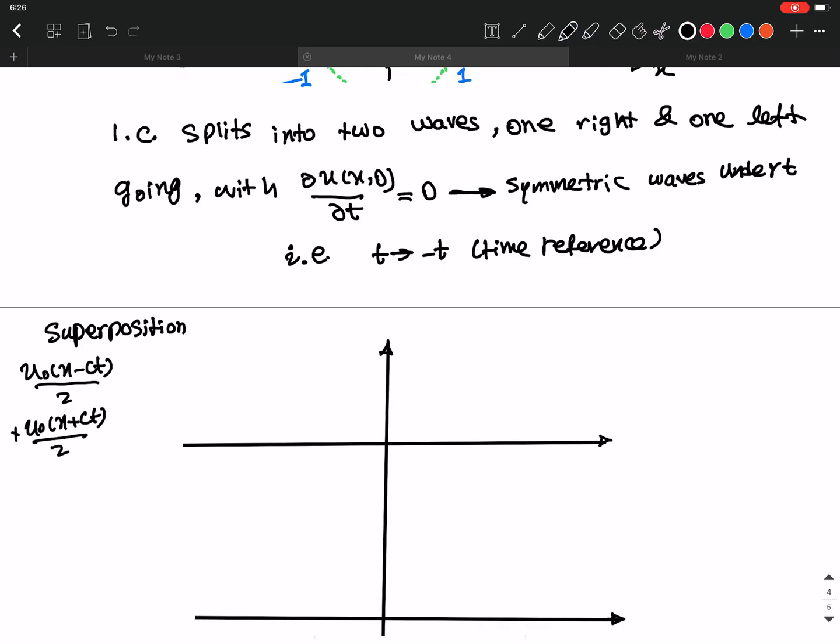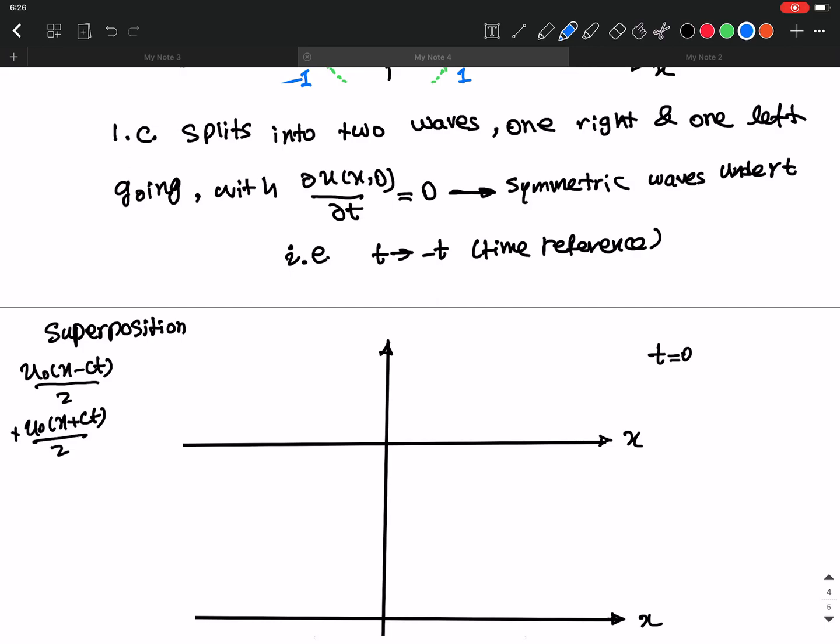So these are all x, and this is time. I'm going to show it at time equals 0, just the top plot.